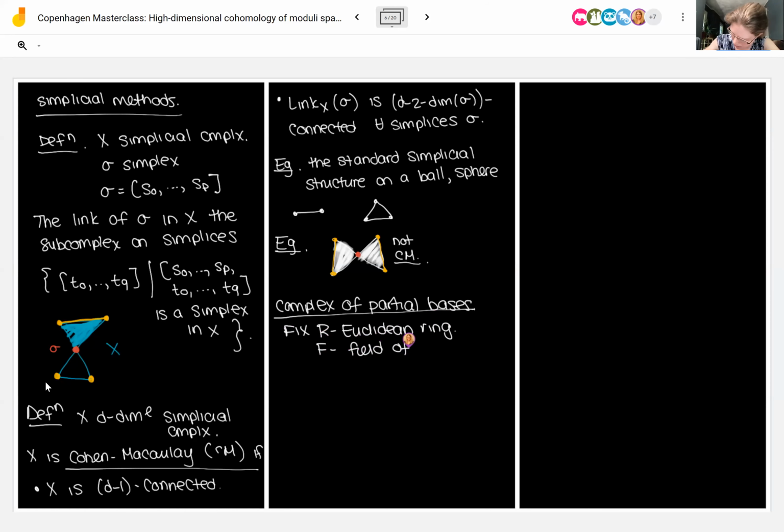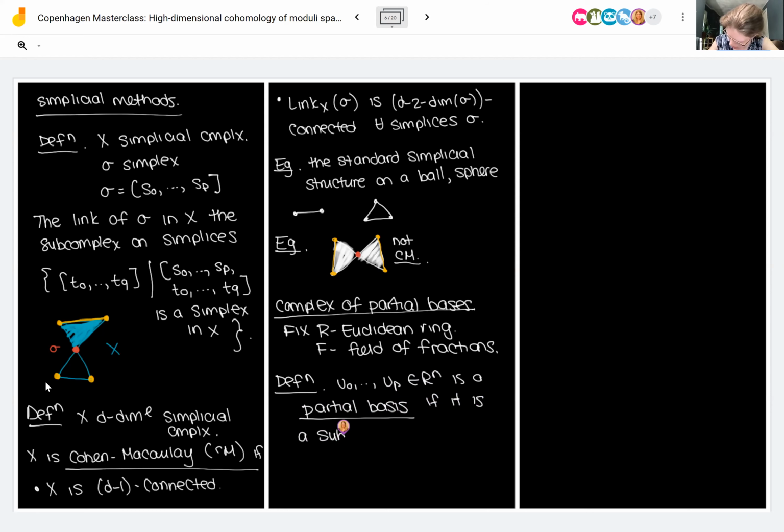It doesn't need to be a number field. Here's a definition: a subset V0 up to Vp in R^n is a partial basis if it's a subset of a basis, possibly equal to a basis; it does not need to be a proper subset.